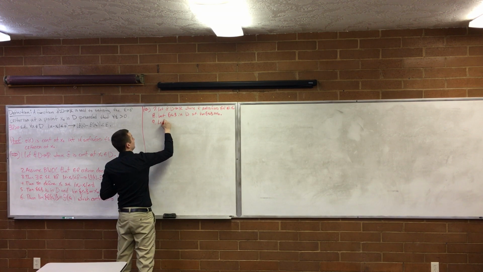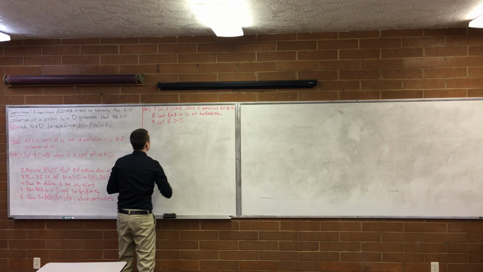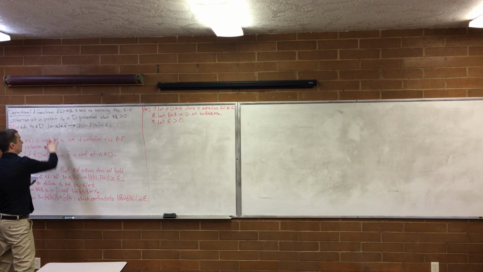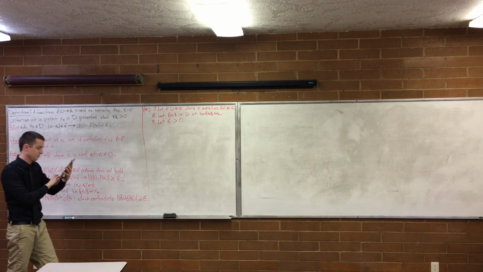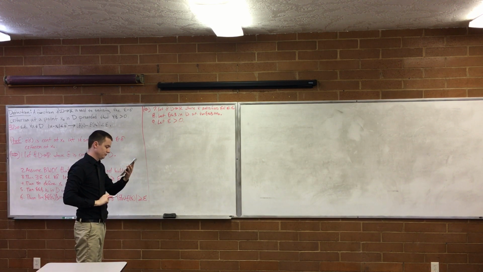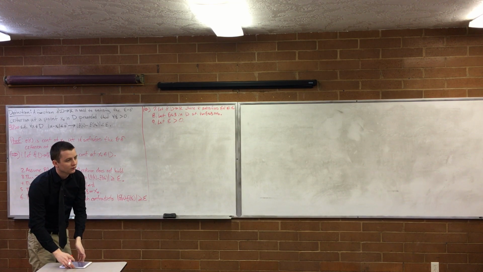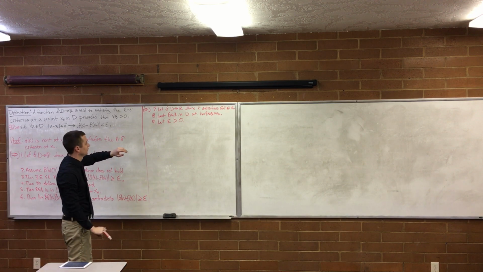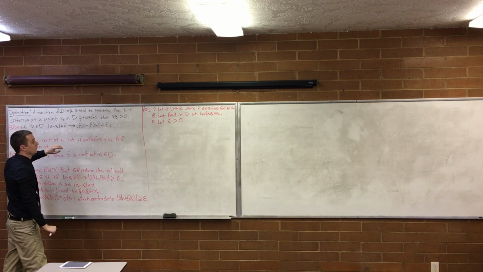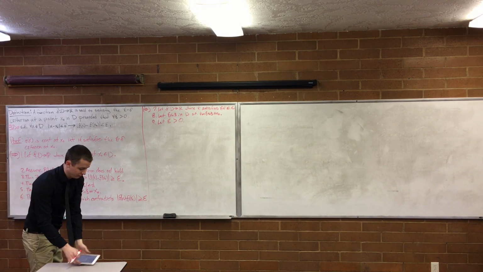So, let epsilon be any positive number. We need to find a delta so that when this is true, then this is true. Oh no, that's what we have. Sorry. We're guaranteed that there's one. Keep confusing which way I'm going. Let epsilon greater than 0.